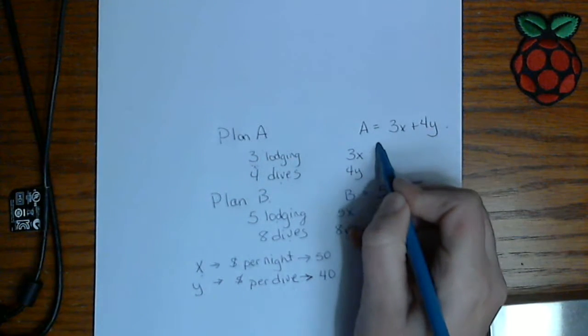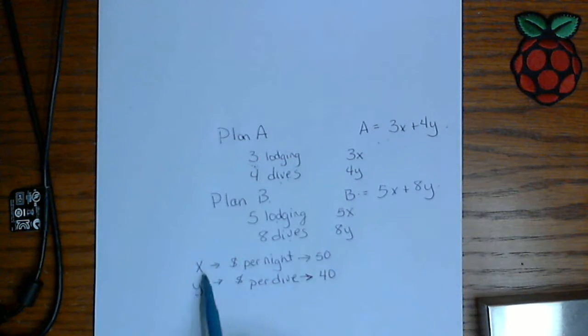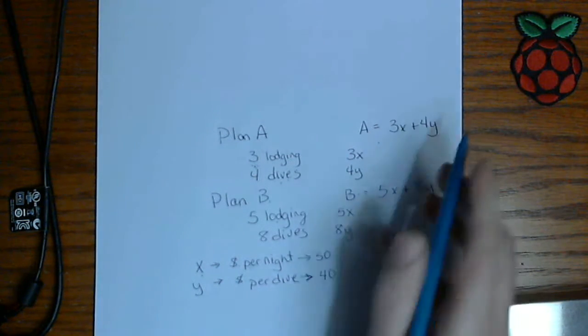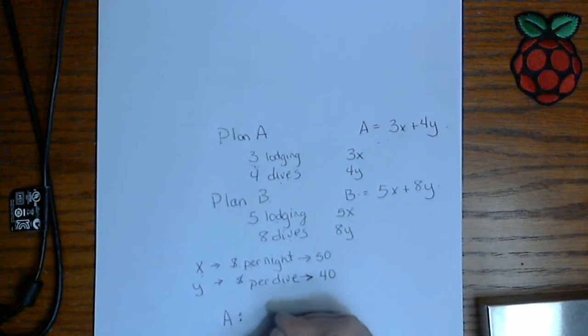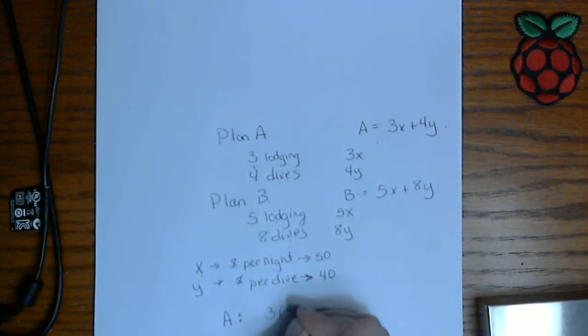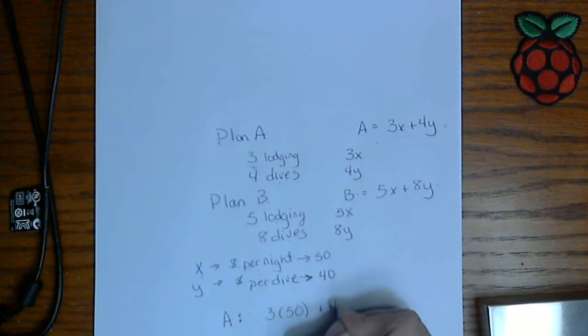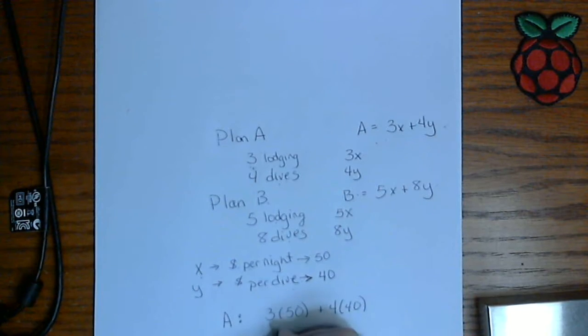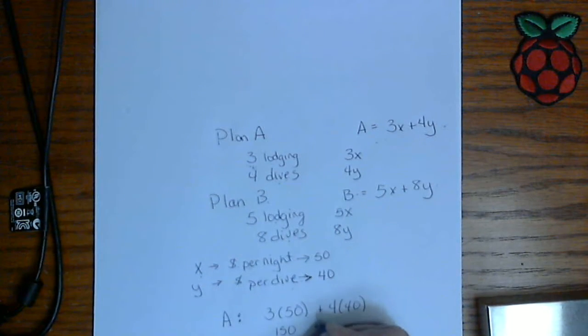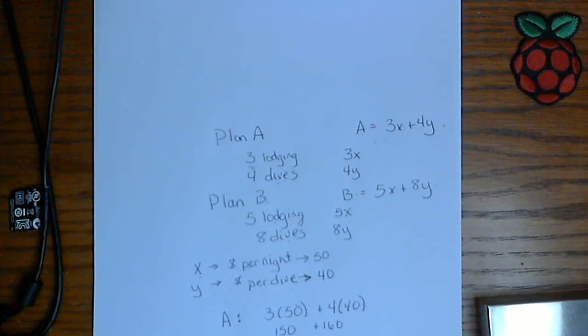Well, to figure out how much you would spend on the first plan, you would just let X be 50 and Y be 40. So for Plan A, it's going to be 3 times 50 plus 4 times 40, which is 150 plus 160 or $310 total. All right?